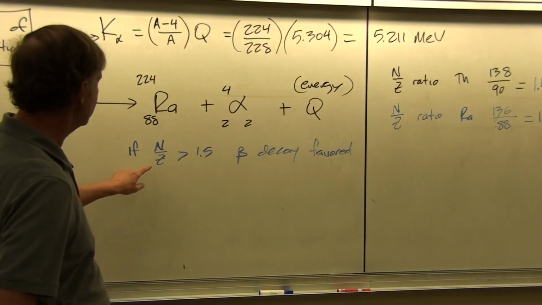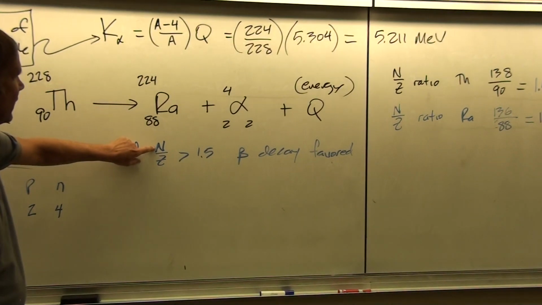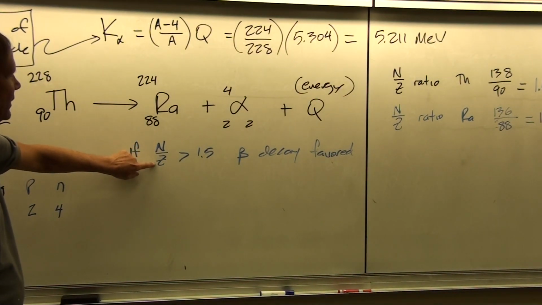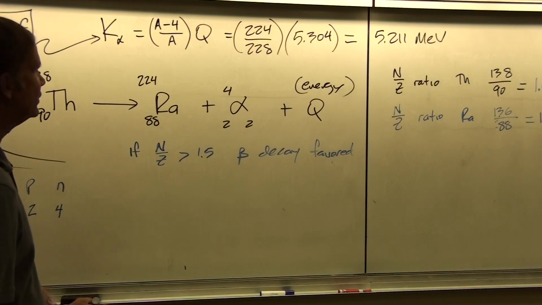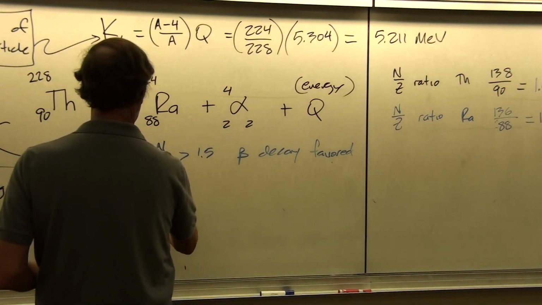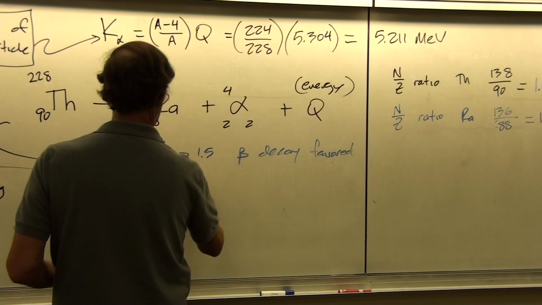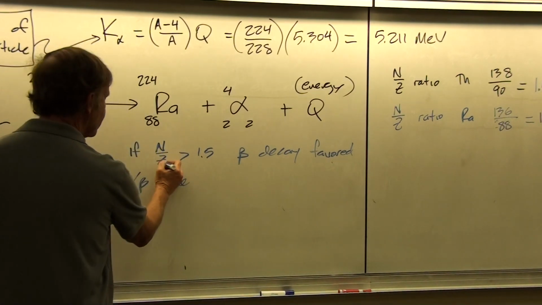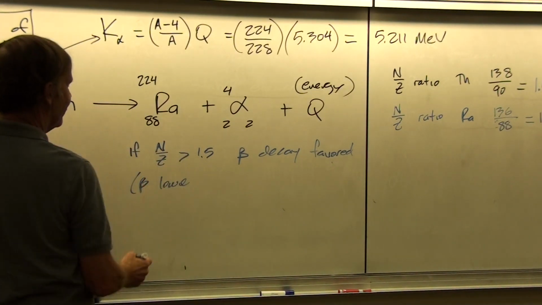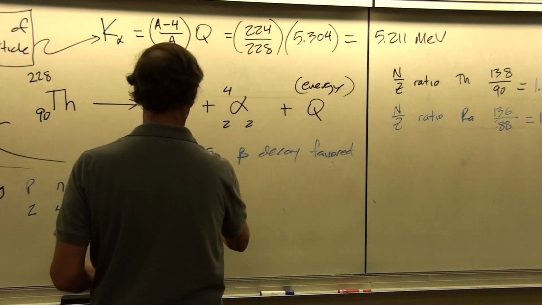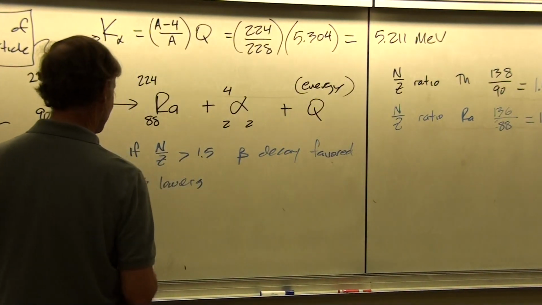Okay, why is this true? Well, because a neutron is being turned into a proton. Okay, and so that's going to lower the N to Z ratio, because you're taking a neutron and turning it into a proton. So you can see that that lowers the N to Z ratio. It's easier to see than with the alpha process.